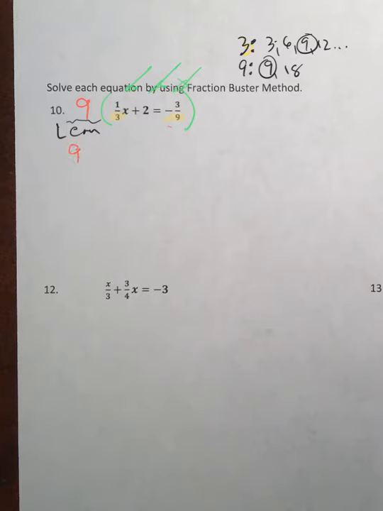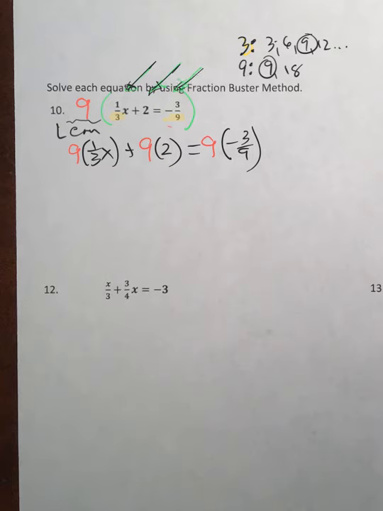So we're going to multiply 9 to 1/3 x. And then I'm going to recopy my plus, and then multiply 9 times 2, and then equals. And I'm going to multiply 9 again times -3/9. Notice I'm multiplying 9 to each one of these terms. And then like we did at the very beginning, we just multiply fractions.